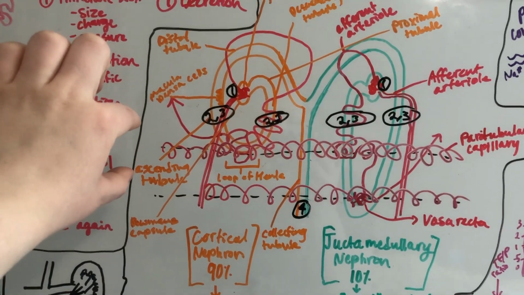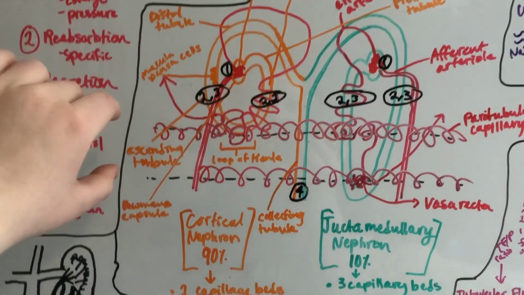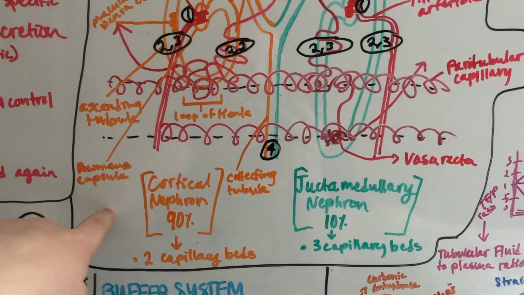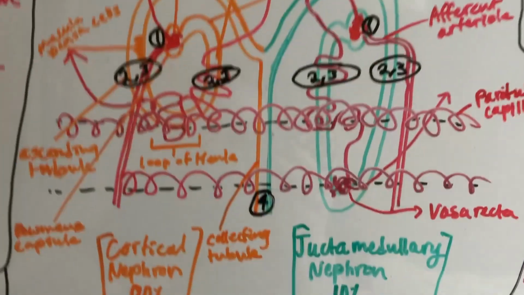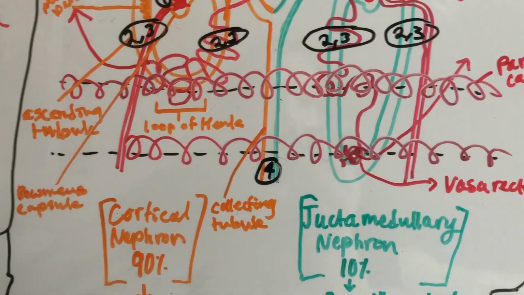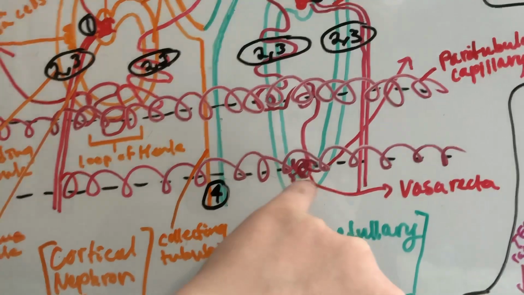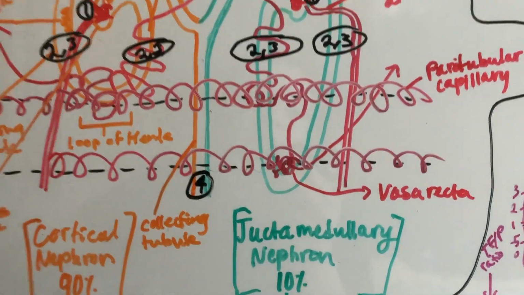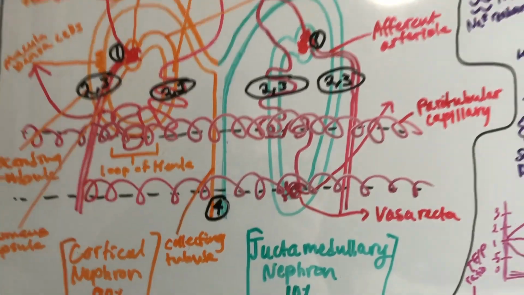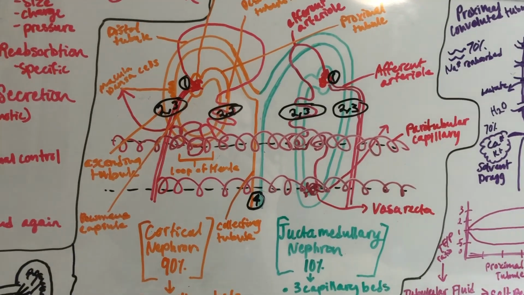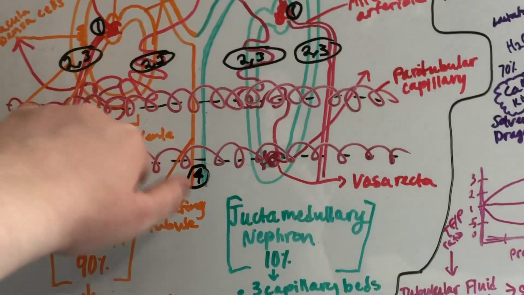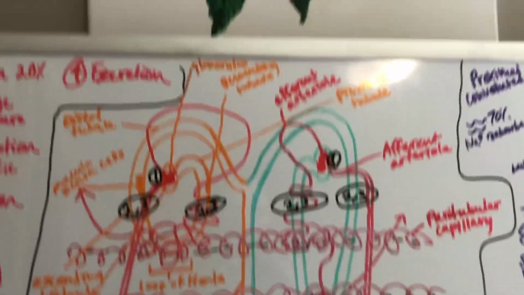And then down here is the medulla and the outer, and then you have your inner medulla, which is this section down here. So the vasa recta is another big grouping of the blood vessels, but that only takes place in the juxtamedullary nephron. And then you have your peritubular capillaries, which are running back and forth right there.